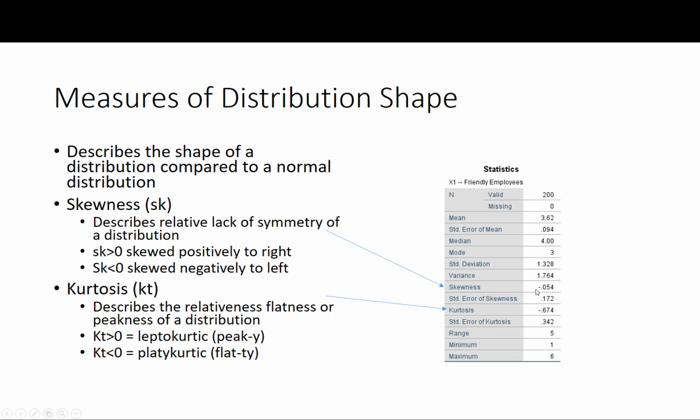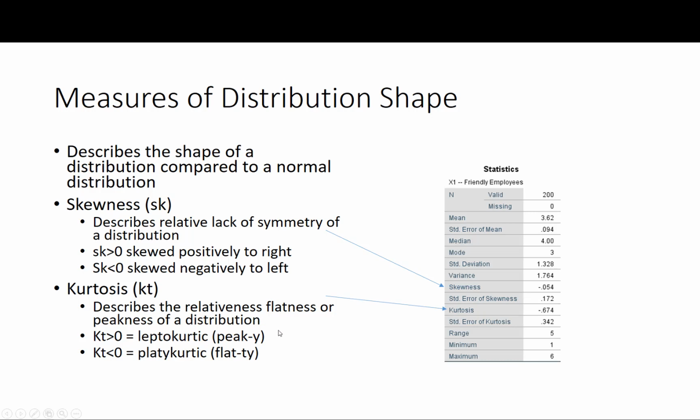So we have our skewness output. A skew of greater than 0 means that the distribution is skewing slightly to the right of the mean, whereas a skew of less than 0 is skewed negatively to the left of the mean.